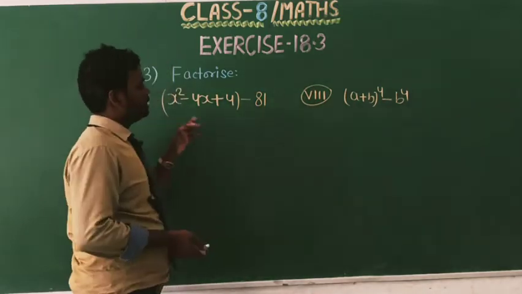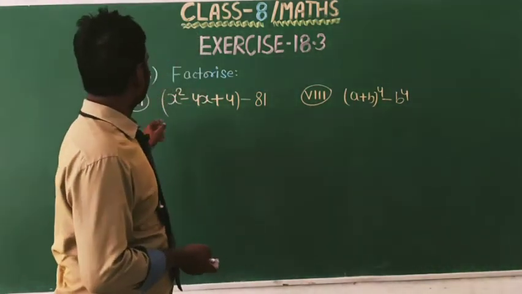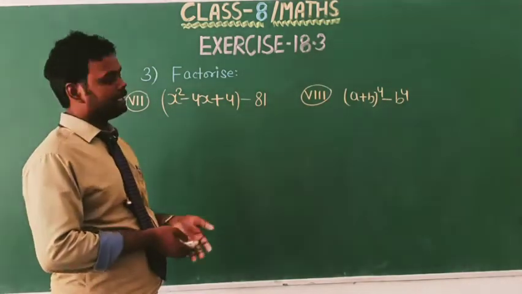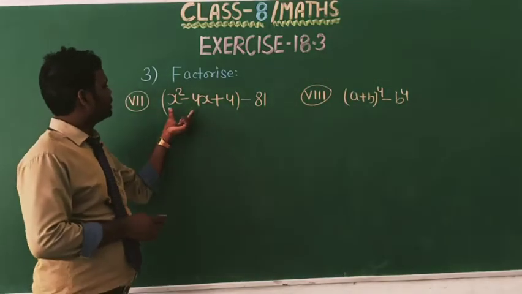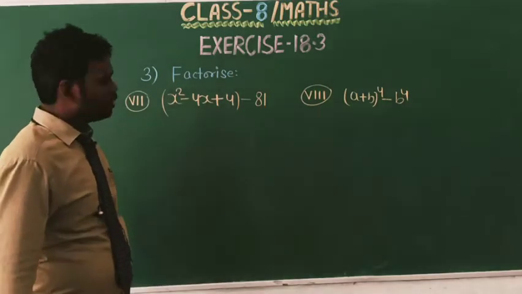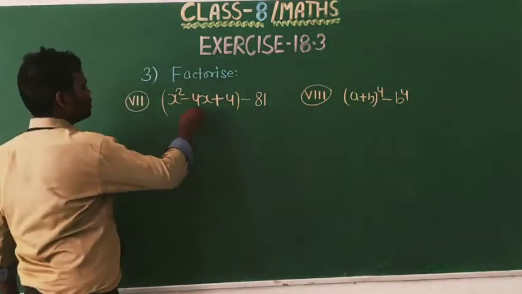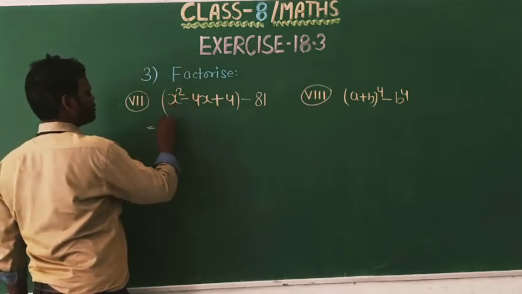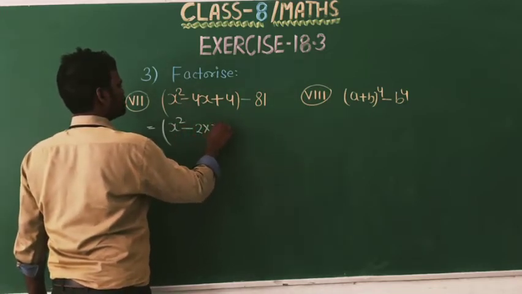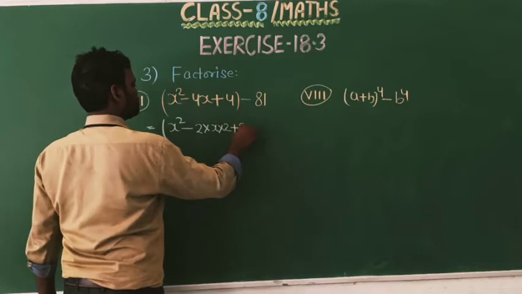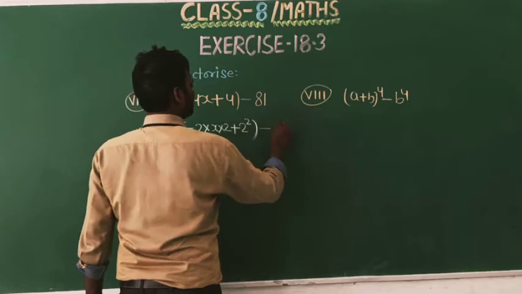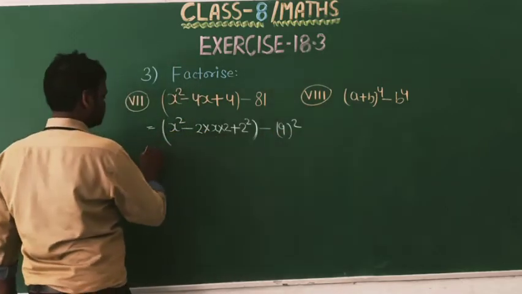This is the 7 and 8 part of question number 3, x square minus 4x plus 4 in bracket minus 81. Okay, so dear children, the first term and second term look like perfect squares. So the first term can be written as x square minus 2 into x into 2 plus 2 whole square, minus, and the second term is written as 9 power 2.